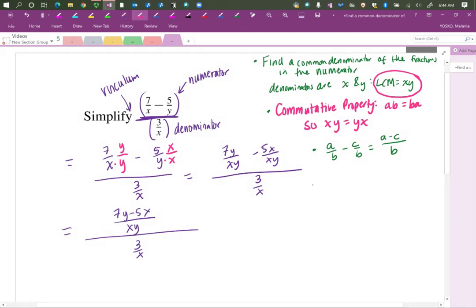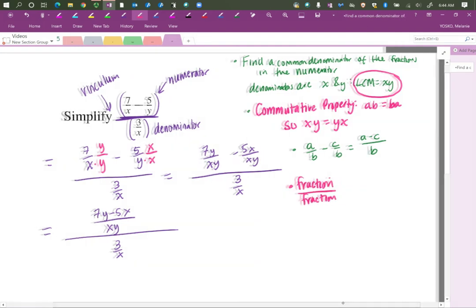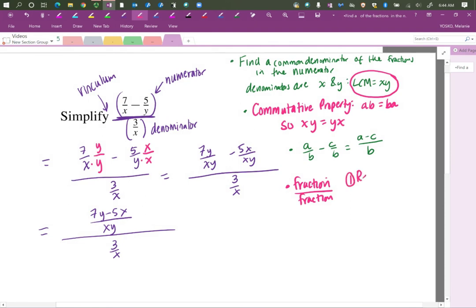Now, we know that if we have a fraction and we're dividing it by a fraction, we do two things. Number 1, we rewrite the fraction in the numerator. Okay, I'm talking about this guy right here. So we rewrite that, 7y minus 5x over xy.